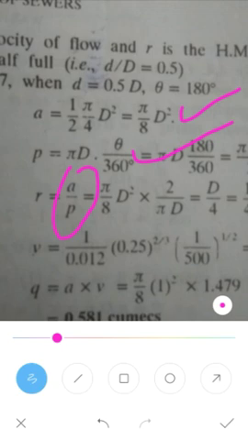So if you put it below, it is pi d square divided by 8 divided by D divided by 2, sorry, pi D divided by 2. This is the formula.